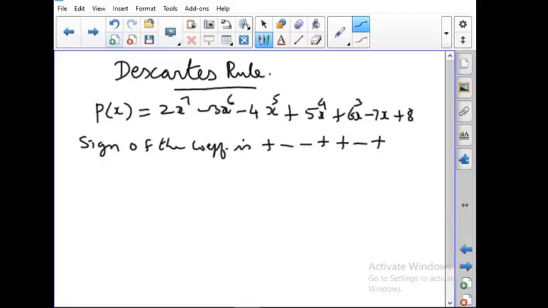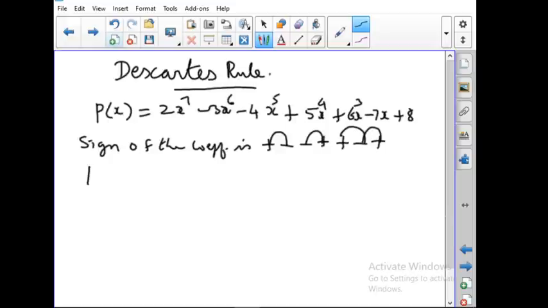Here it changes from plus to minus. So 1 change. And then from minus to plus. So 2 changes. Then here plus to minus. So 3 changes and minus to plus. So 4. So number of sign changes is equal to 4. Therefore, number of positive roots is 4.